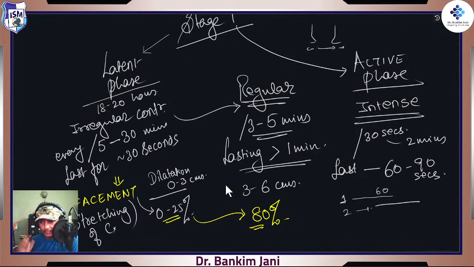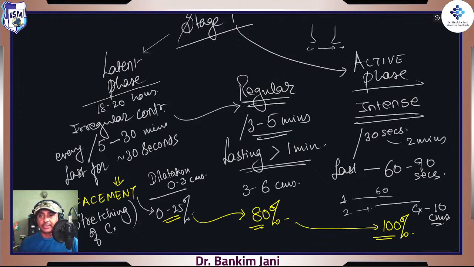And the most important, effacement, now this is 100%. The cervix is also now fully dilated, almost to 10 centimeters. So this is stage 1. And definitely over here in active phase, the amniotic sac ruptures, right?